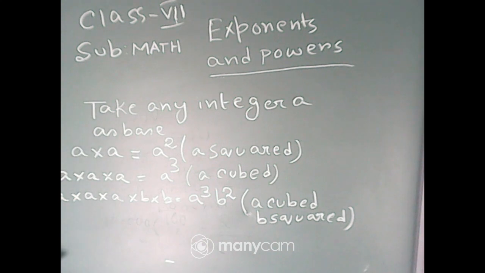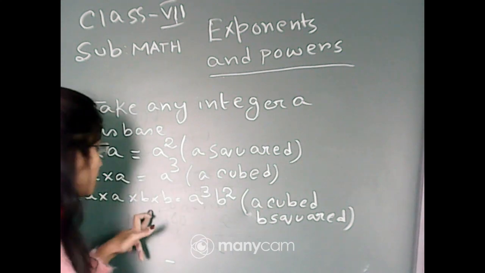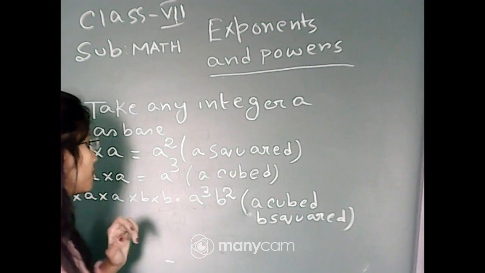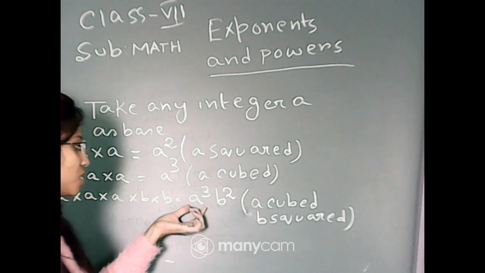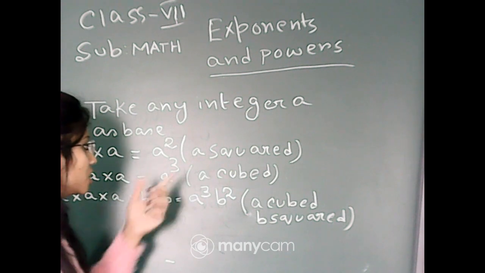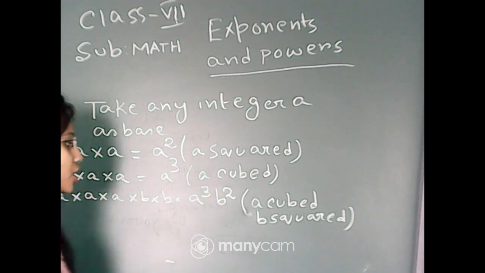Clear? This is the exponential form of this product. Here a is base, 3 is the exponent, and here b is the base, 2 is the exponent.